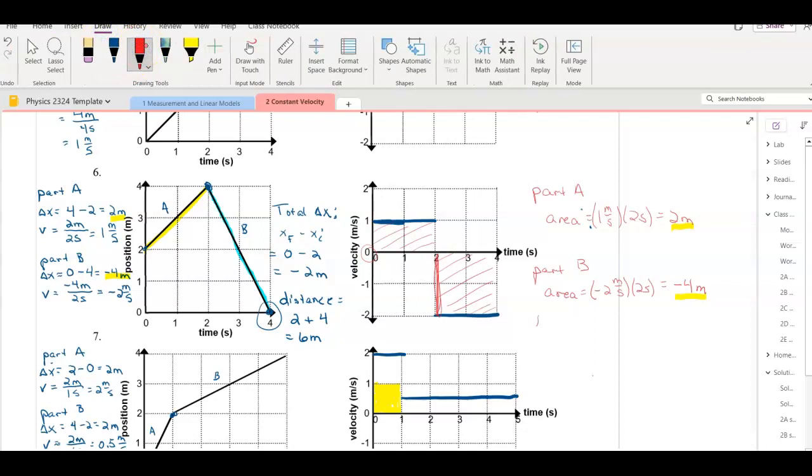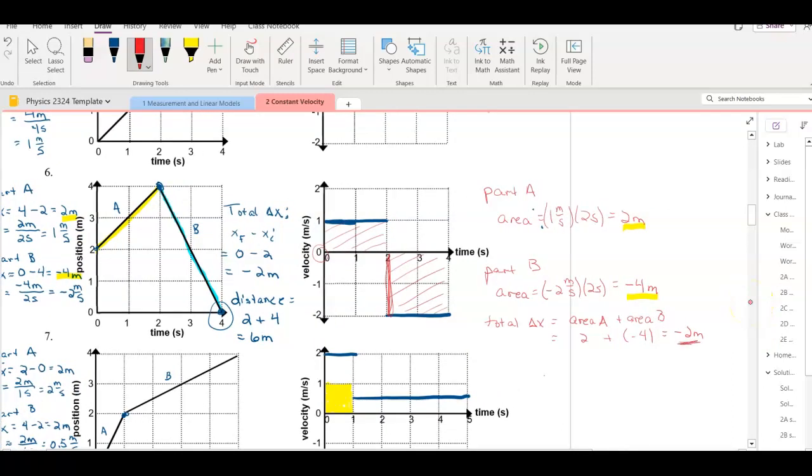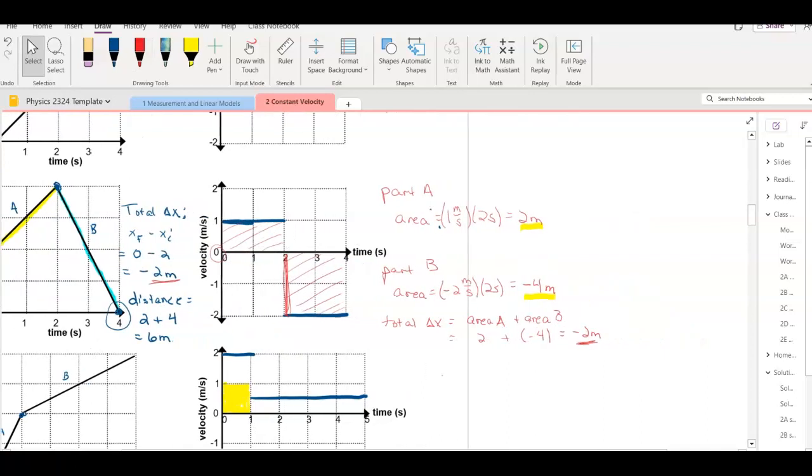Okay, let's see if we can get that over here from the areas. So the total displacement equals the area of part A plus the area of part B. So it's 2 meters plus a negative 4 meters. It's negative 2 meters. And see how that value matches with this value? Okay, but what about the distance?